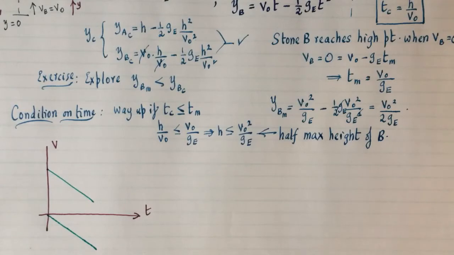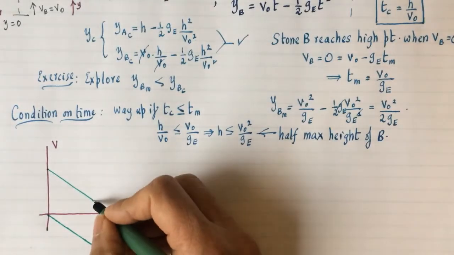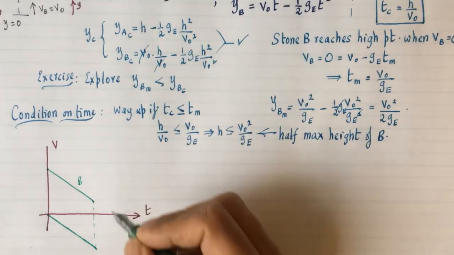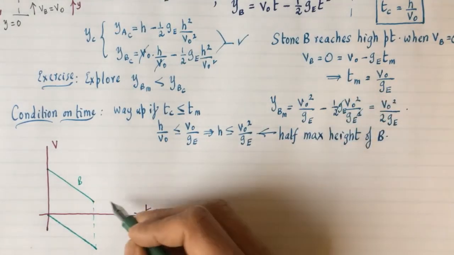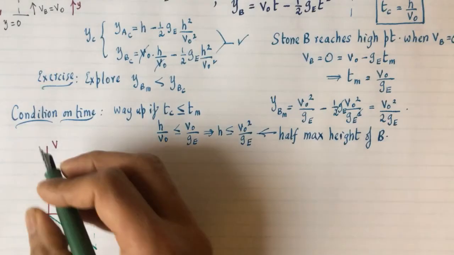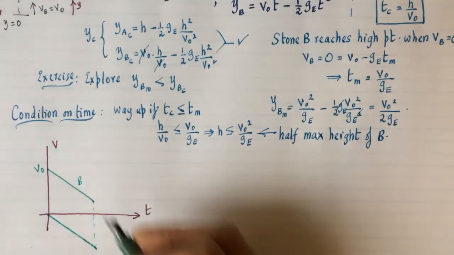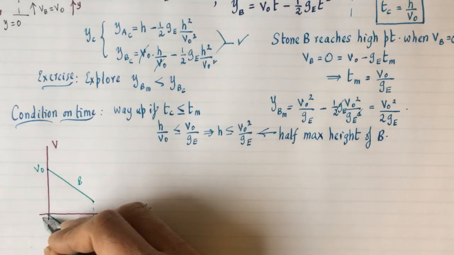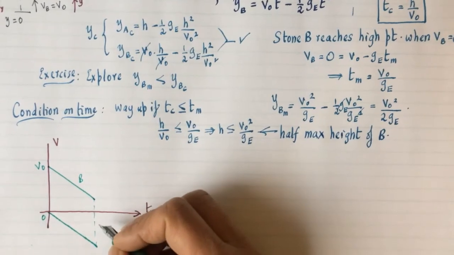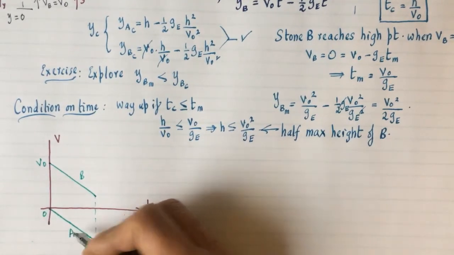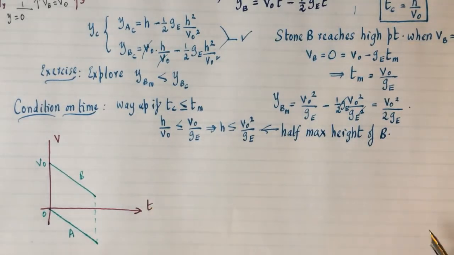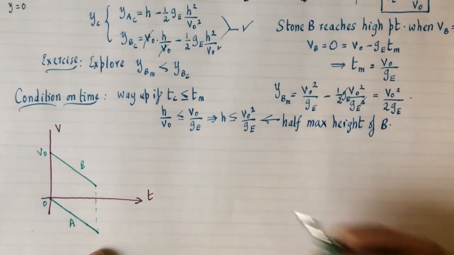Okay, so before the highest point is reached, the velocity of stone B is not yet 0. It's 0 when it reaches the highest point, but it's not yet 0, so it's some positive value still. It starts out with V naught and gradually decreases. Stone A starts from 0 and gradually increases its speed in a negative direction. So both of these graphs are pointing down. So that's the velocity versus time graph.